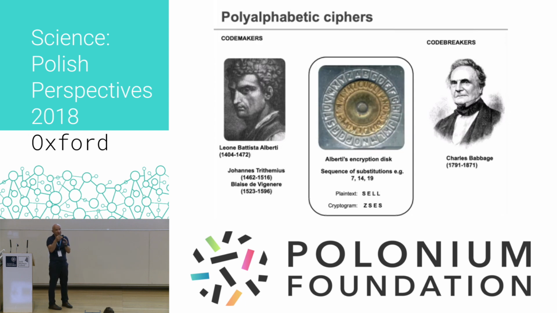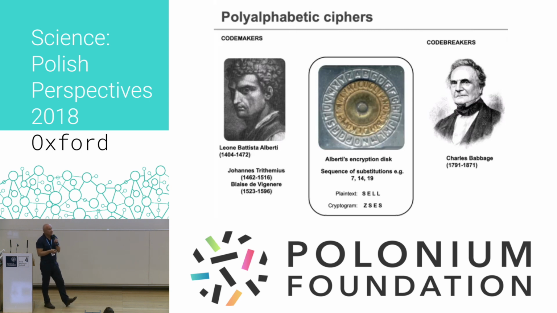For the fourth letter, the shift will be again 7, for the fifth, 14, and so on and so forth. So the first letter is encrypted by one substitution rule, the second letter by another, the third letter by yet another. But for the fourth letter, you go back to the first substitution rule that you used for the first letter, and you repeat it in the cycle.